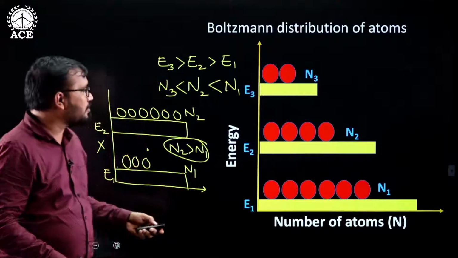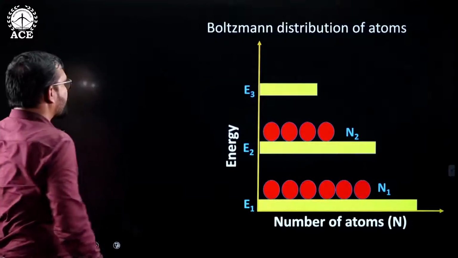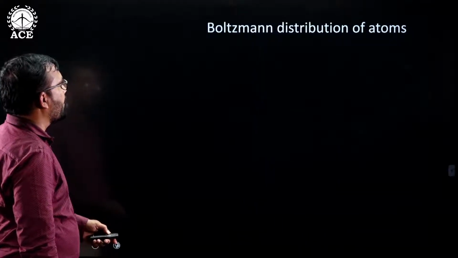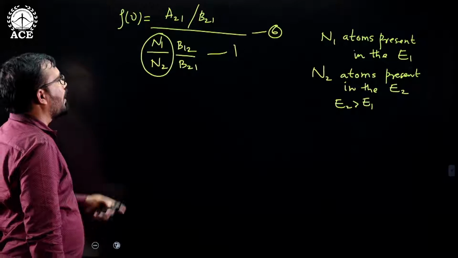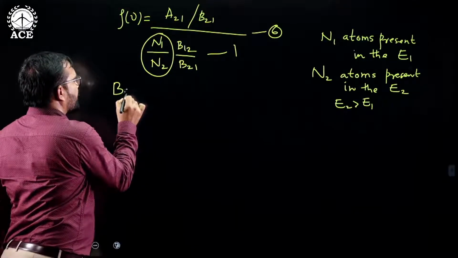Why am I explaining this? In order to explain this one, I have to go for N1 and N2. What is N? Using the Boltzmann distribution function.